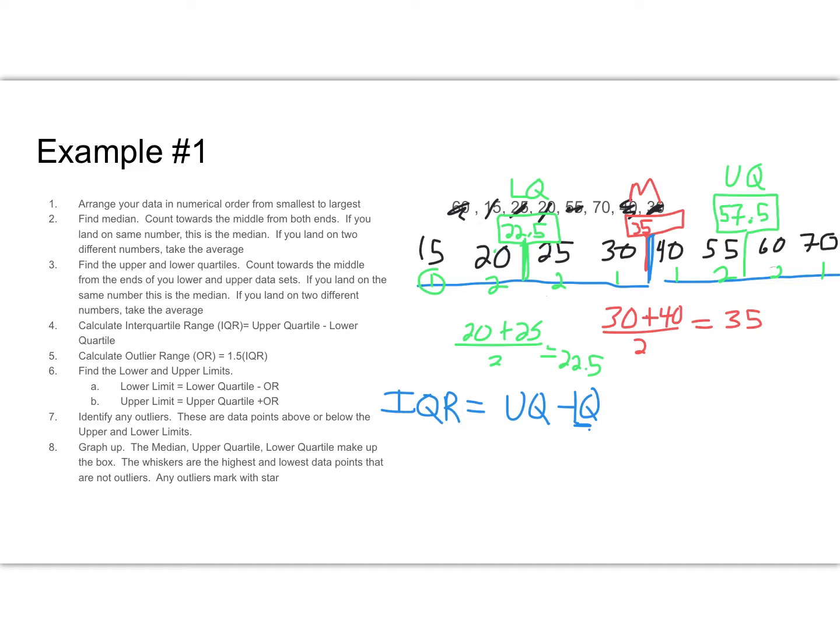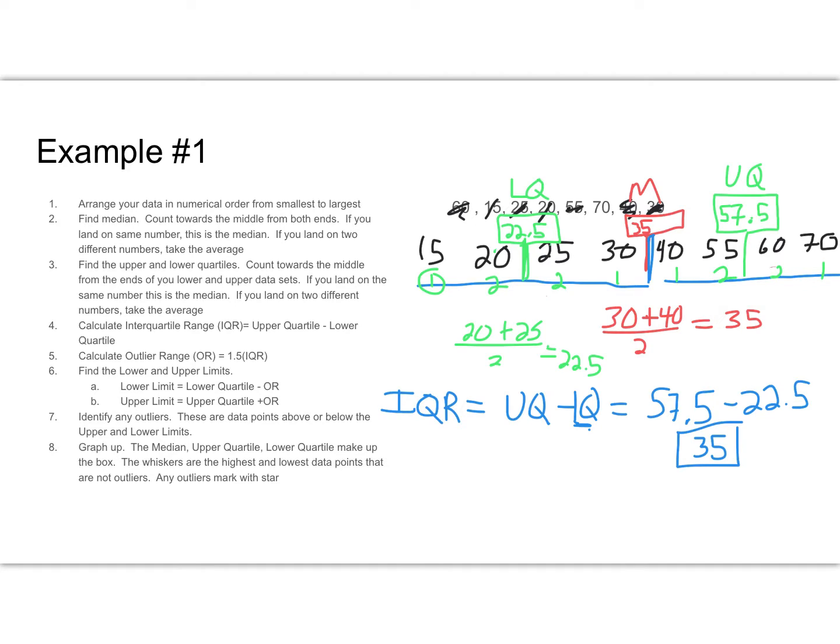So in this case, we're going to take 57.5 from my upper quartile minus 22.5, and I get 35. So interquartile range is going to be 35. Great, so that step's now done.